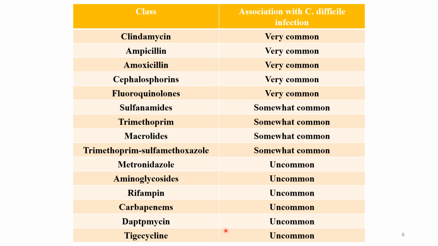We know that long-term use of broad-spectrum antibiotics can deplete the microbiota, the good bacteria, and eventually create the conditions for Clostridium difficile infection. In this slide, we want to know which antibiotics can lead to C. difficile infection if taken long term. We have antibiotic classes and their association with Clostridium infection.